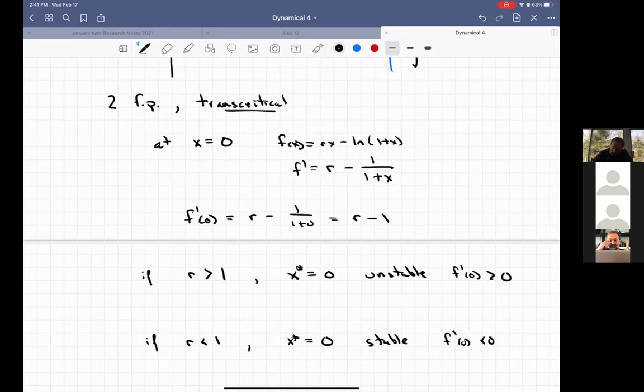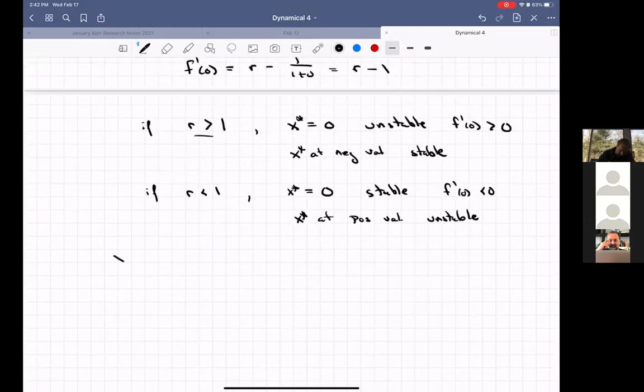And if r was big, then there was a fixed point at some sort of negative value, which is stable. And then you can intuit here that the fixed point at the positive value is going to be unstable.